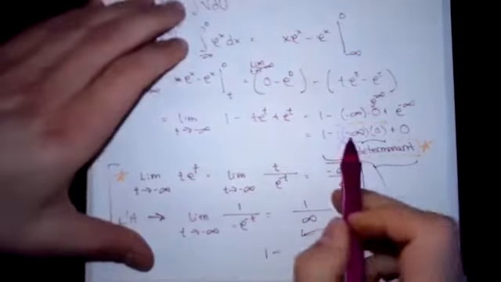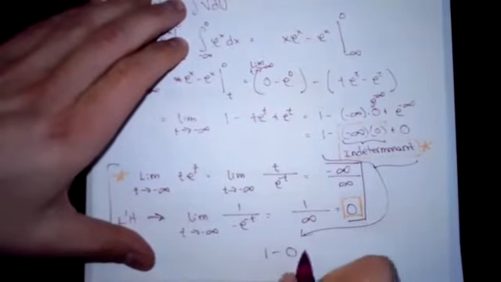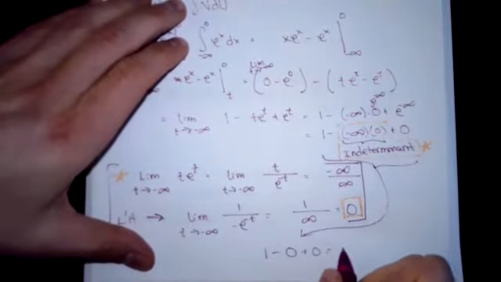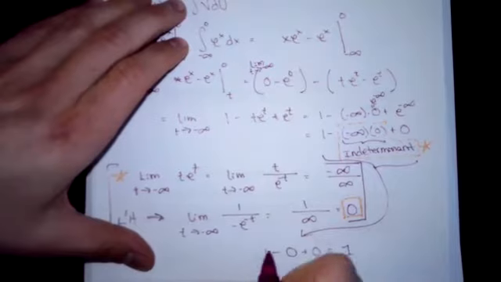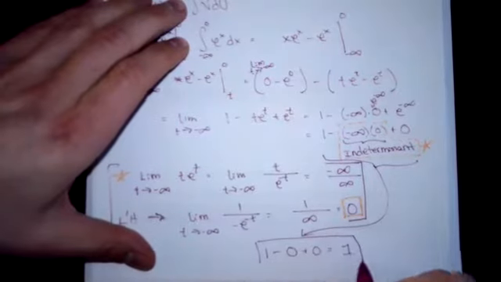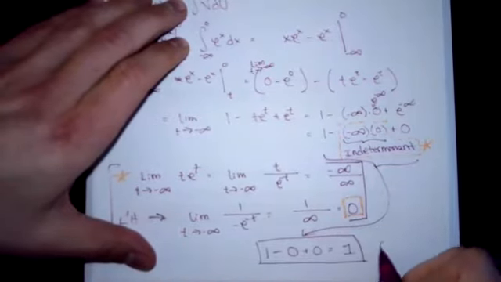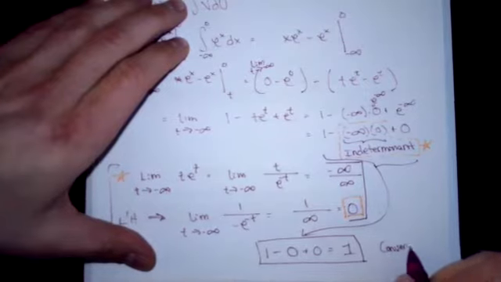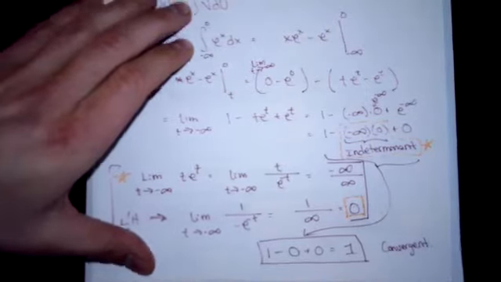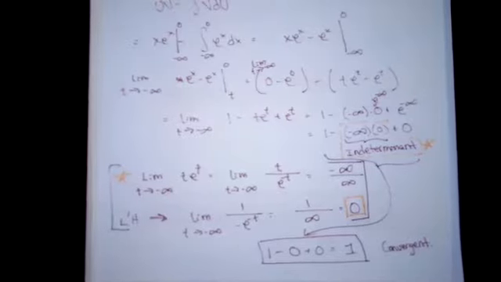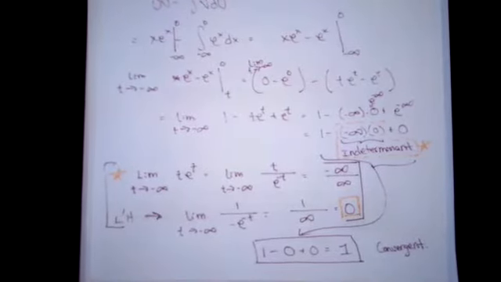So our limit, when I plug that in, is just 1 minus 0, and then that was a plus 0. So overall, we get 1 for the whole problem. And that converges. Any questions on that?